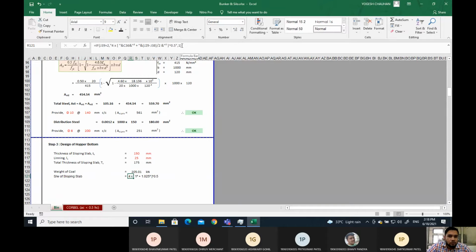So now here we have to multiply this with this thickness TS.